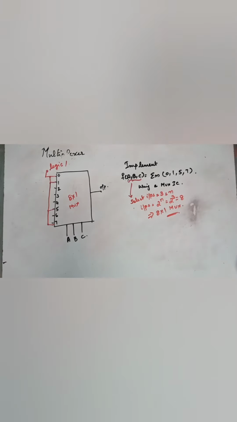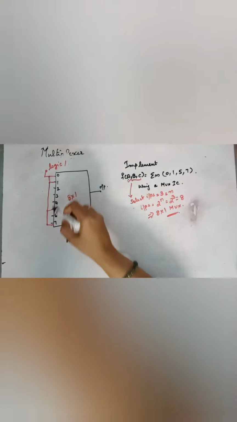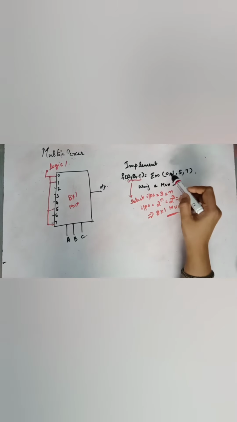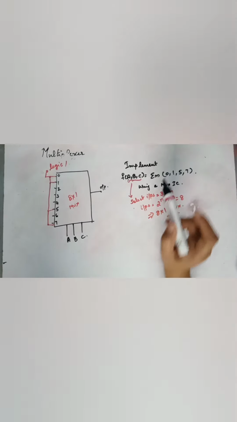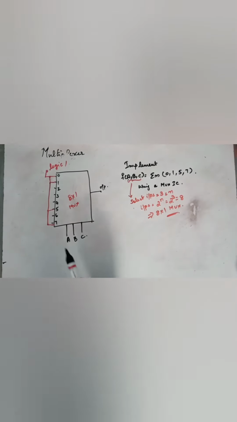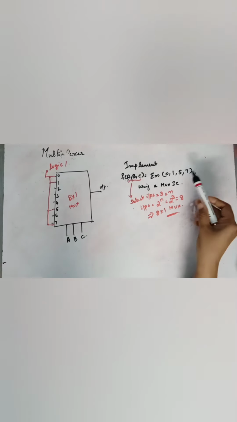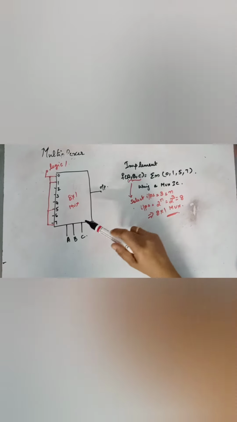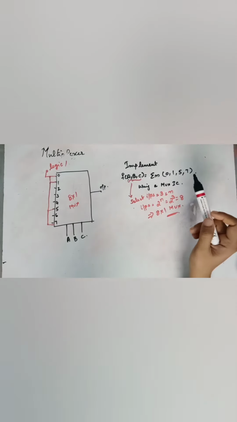And don't leave the rest unattended. You have to connect the missing numbers to 0. Only then will you get a 0 at the output when those inputs are selected, that is when 2, 3, 4, 6 is selected. In those cases you will get a 0 only if you connect a 0 to the input.